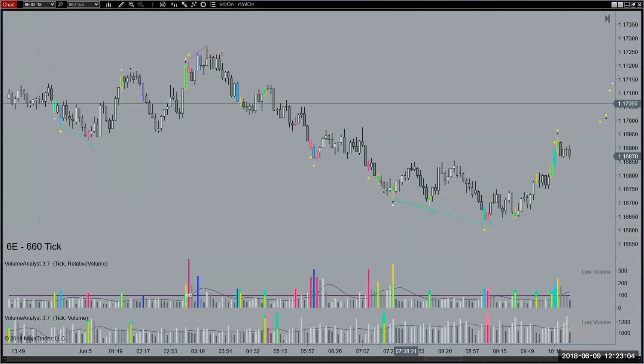So if volume is on a range chart, you're looking at volume per range, right? But each bar's range is exactly the same. So you're looking at volume per range, but you're not able to compare the price action to itself.